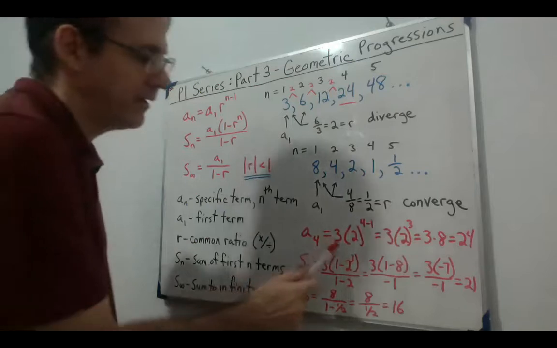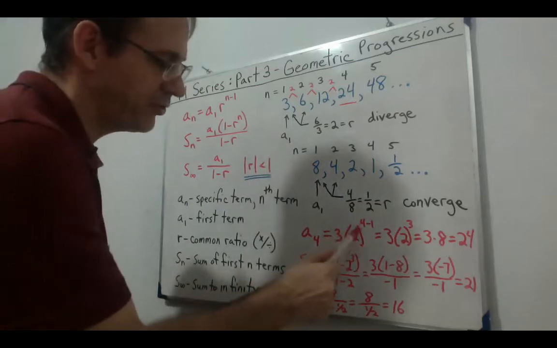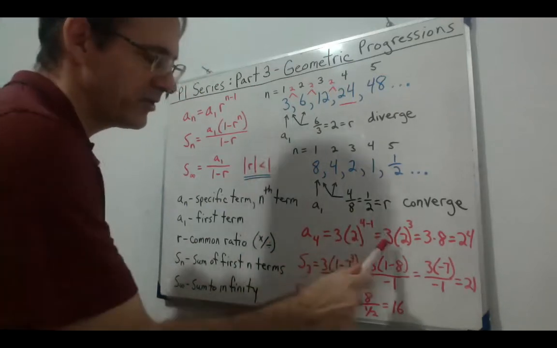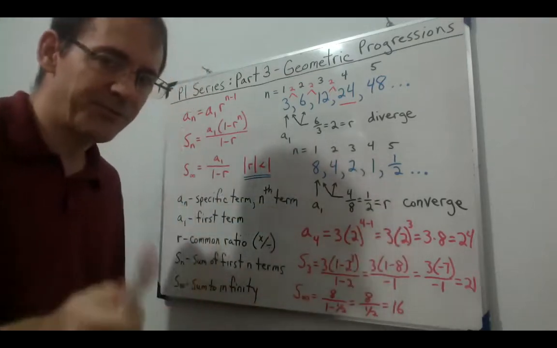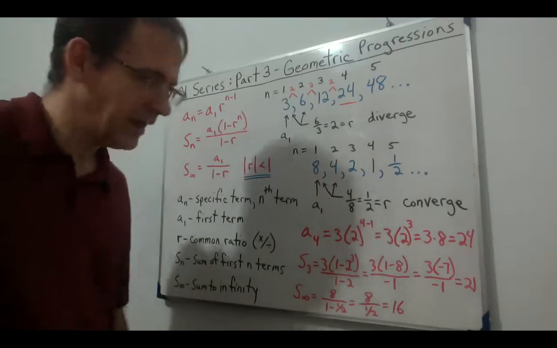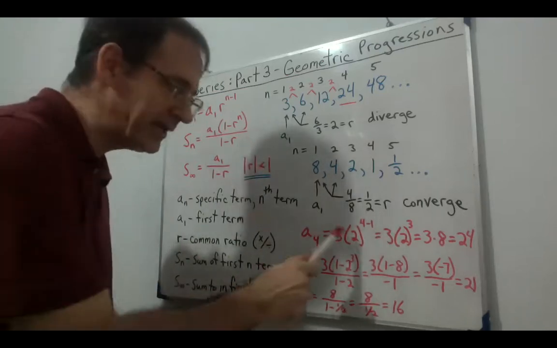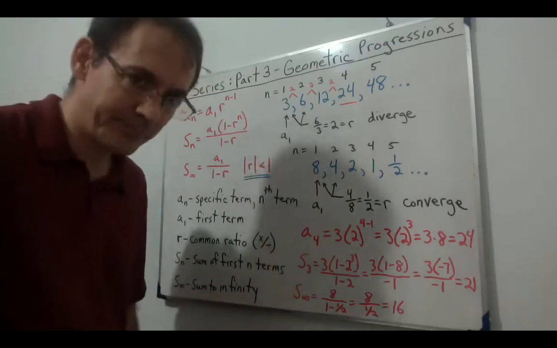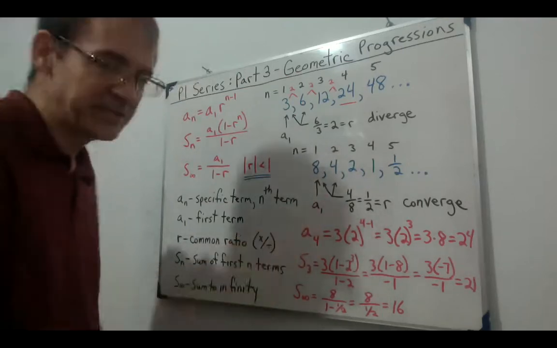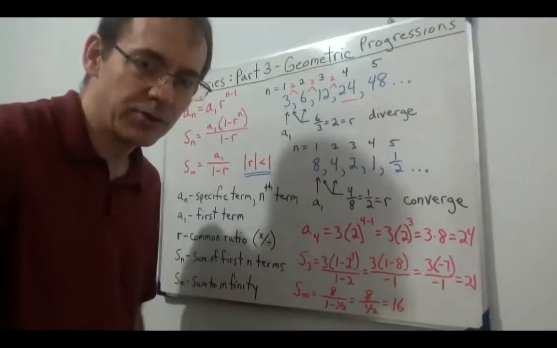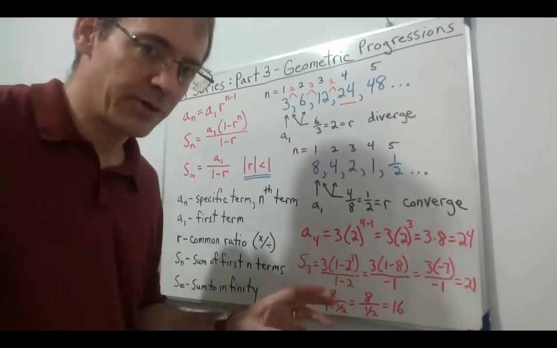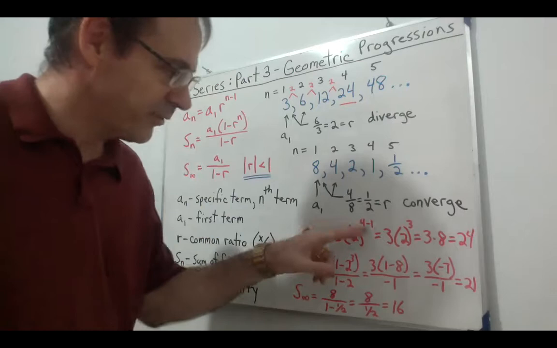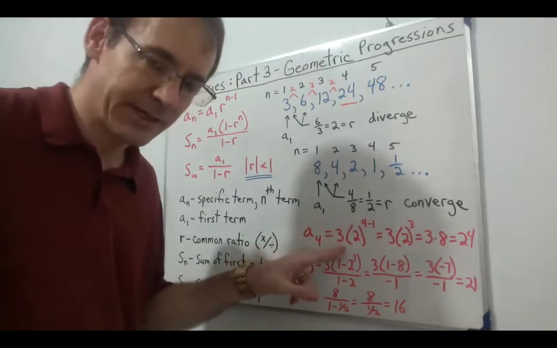So we have 3 times 2 to the 4 minus 1, which is the same thing as 3 times 2 cubed. Now, be very careful to follow your order of operations. You cannot go 3 times 2 is 6. You have to do the exponent before you do the coefficient. So be careful that you follow the order of operations. Exponents come before multiplication.